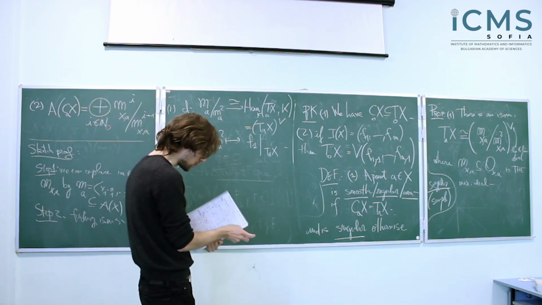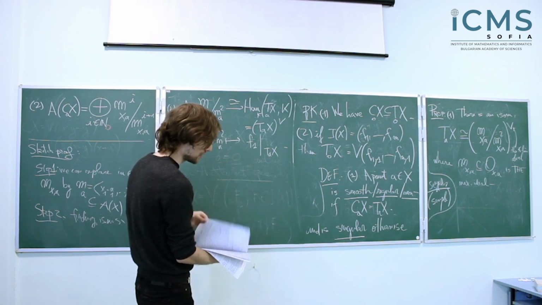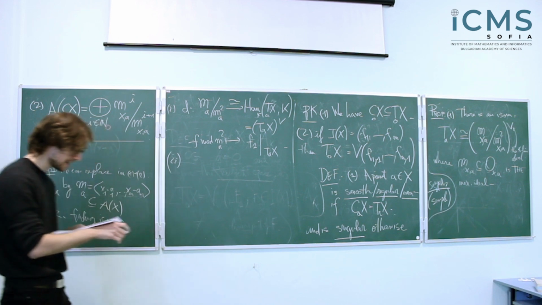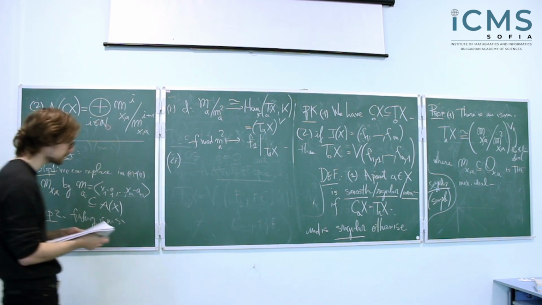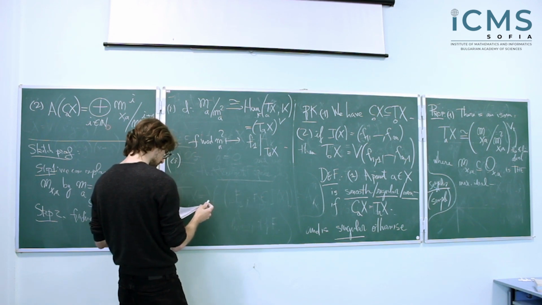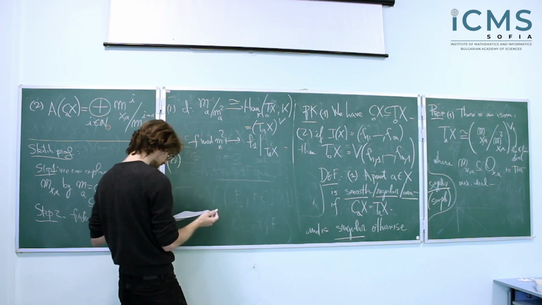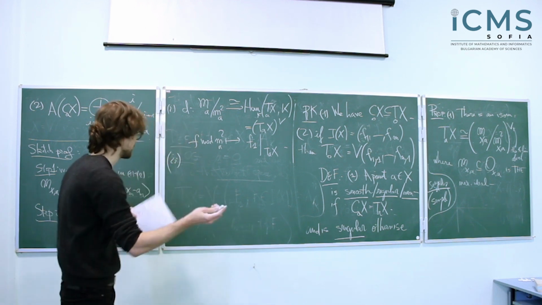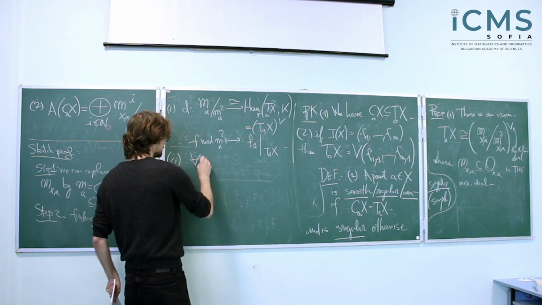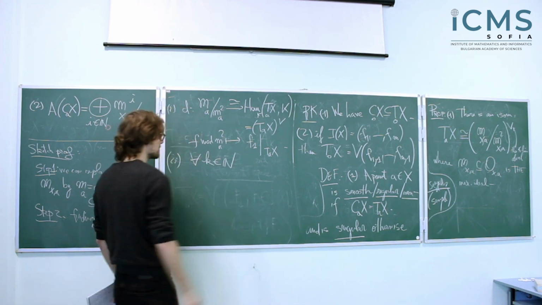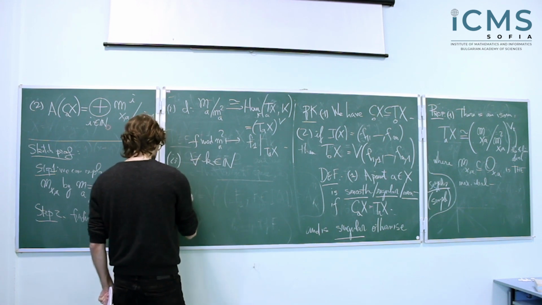And for the second one, for the tangent cone, the idea, well, let's see, how can I show this? Oh, okay, yeah. So, for all k in the natural numbers, I'll have the following thing.